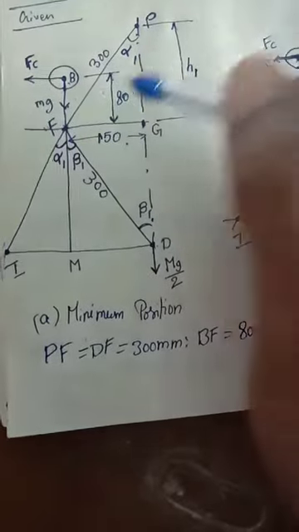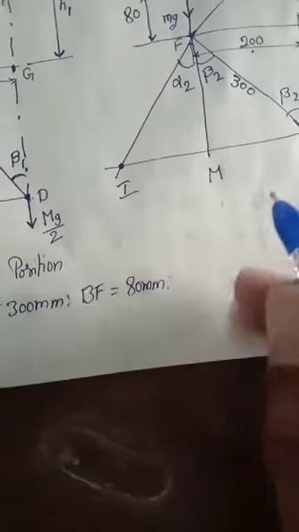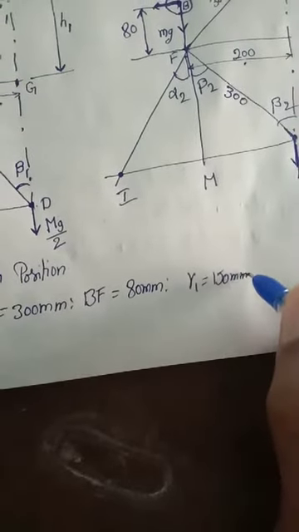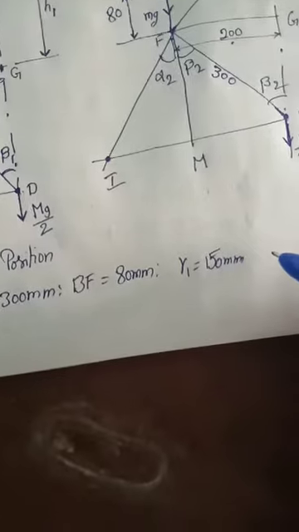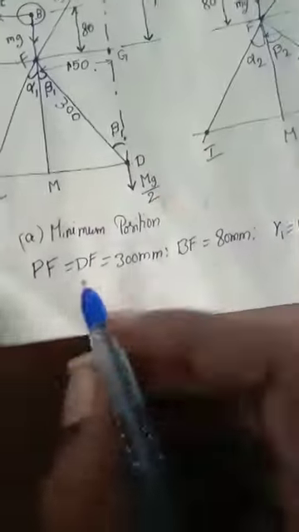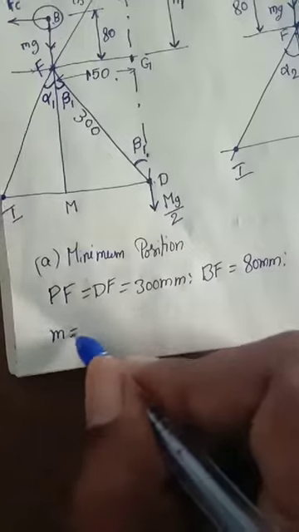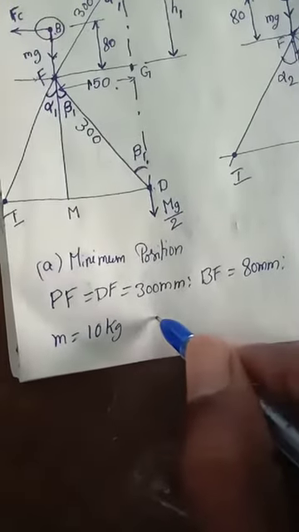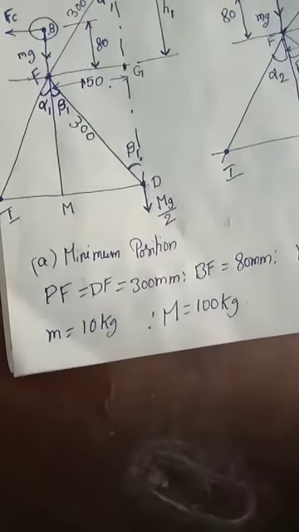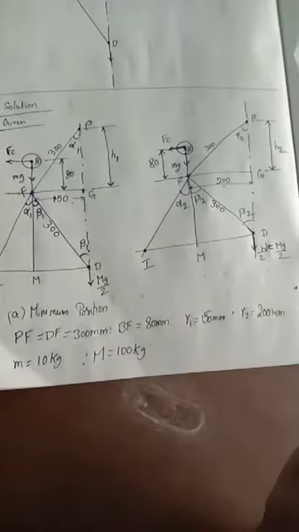B to F is called 80 mm, and then the radius is given. First R1 is 150, and then R2 is equal to 200 mm. Small m is 10 kg, and bigger M is 100 kg. So these are the given data.